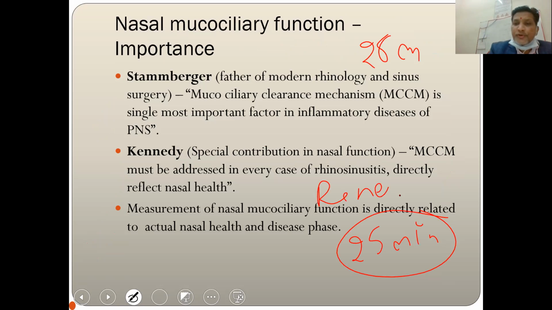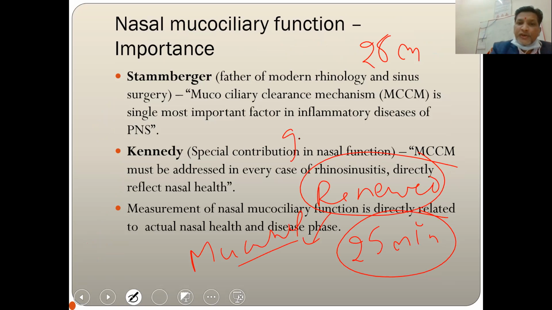Secretions come from the mucus secreting glands, also called mucosal glands, also called goblet cells. These goblet cells constantly secrete mucin, which is responsible for the moistness of the nasal cavity.